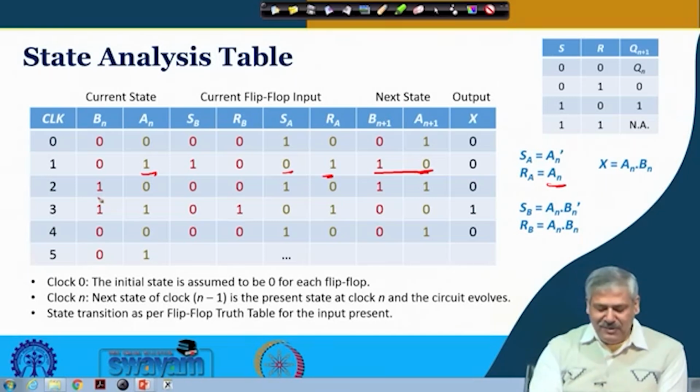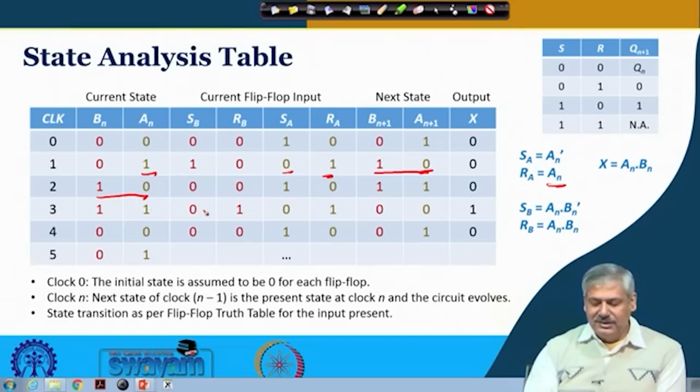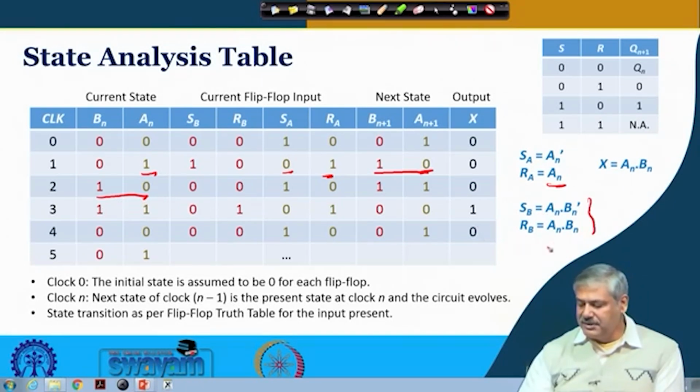So, this 1 0 becomes the current state, and with this 1 0, again if you look at SB RB, An is 1 and Bn is 0. You will see that An is 0 making it 0, and Bn here also is 0.